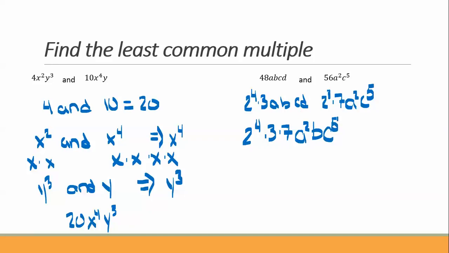We need the larger of the two exponents, so c to the fifth. And d, there's no d in this one, but we do need to keep it, so it's d. And we figured out that this was 336. 2 to the fourth times 3 times 7 is 336. A squared, b, c to the fifth, and d. You could also leave it like this and not do the multiplication yet in your calculator. You could just leave it like that if you wanted.